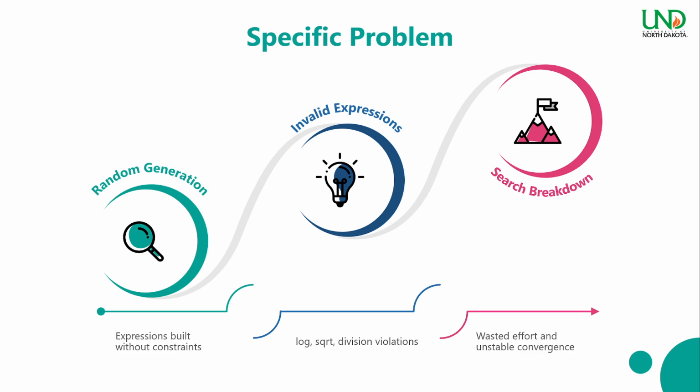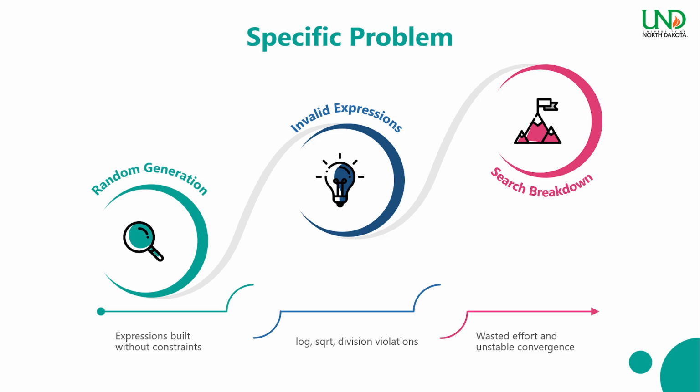So this is where the problem actually shows up in practice. Genetic programming generates candidate expressions randomly through mutation and crossover without considering whether those expressions are valid. Because of that, you frequently get invalid expressions, things like taking the log of a negative number, square roots of negatives, divisions near zero.